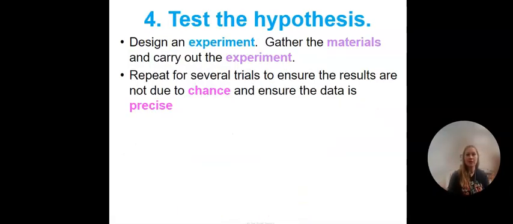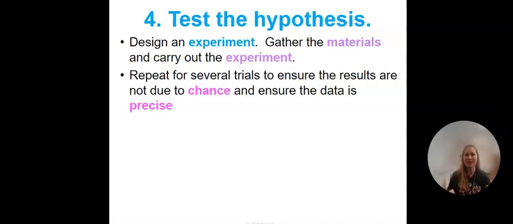Now you've got your hypothesis, or your possible answer to your question. We need to test the hypothesis, and we're going to do that by designing an experiment. We're going to gather up any materials that we might need in order to carry out our experiment. Typically, we will conduct the experiment several times to make sure that the results are not due to random chance.